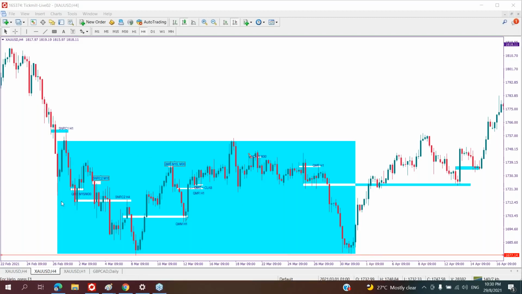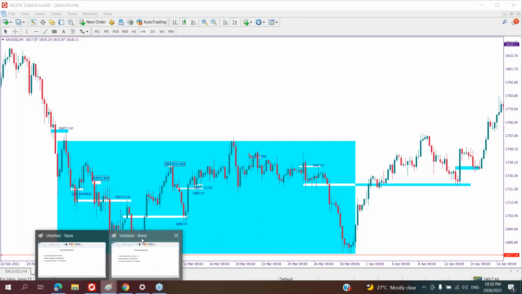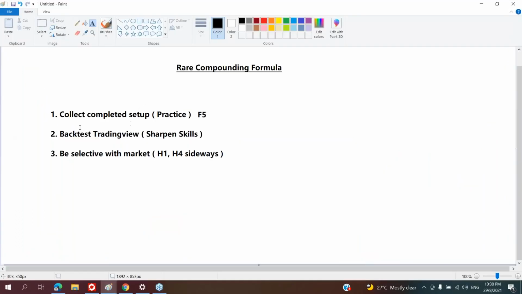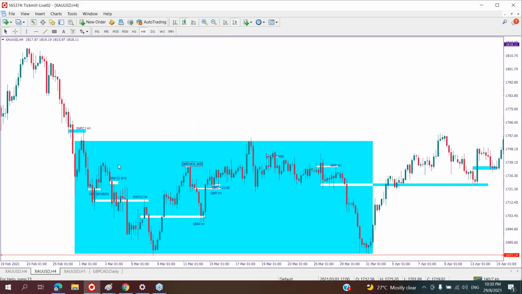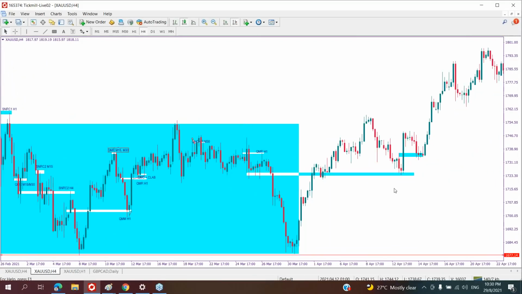Okay. So you collect the completed setups, practice with the Fantastic Five setups, because this is what the price always keeps on repeating. Like you can see here, price keeps on repeating SNRC2, SNRC1, QMM, QMC. Can't you see any blind spot here?